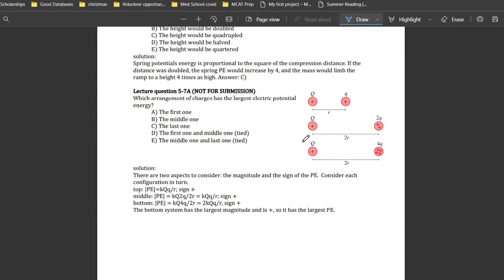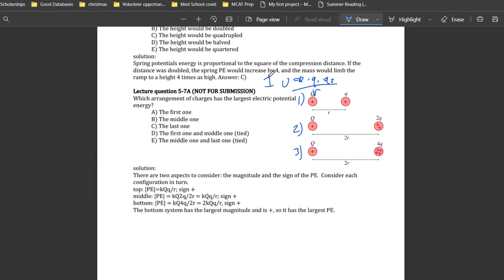So with that in mind, let's just write out a qualitative version of the equation U equals K times Q1 times Q2 over R for each of these. So we already wrote the first one, because charge 1, so this is 1, this is 2, and this is 3.